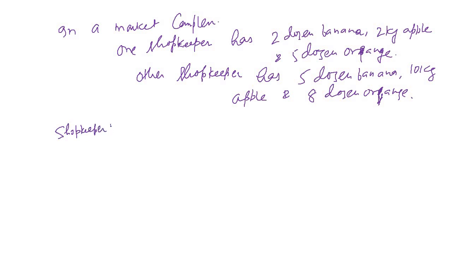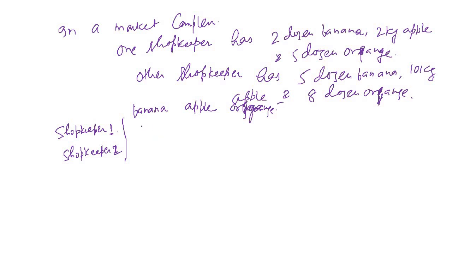Here in the horizontal line we will give the description of shopkeeper 1, shopkeeper 2, and in the vertical line we will give the description of the commodities: banana, apple, orange.